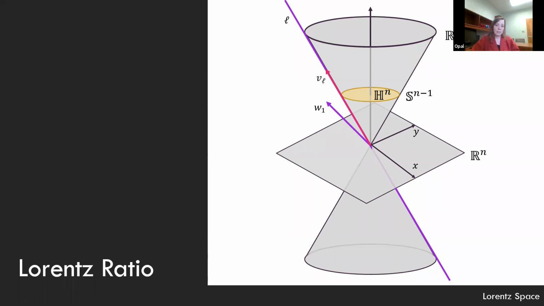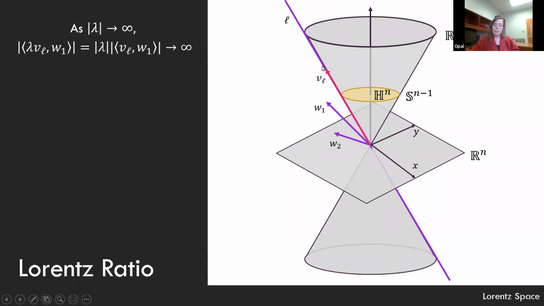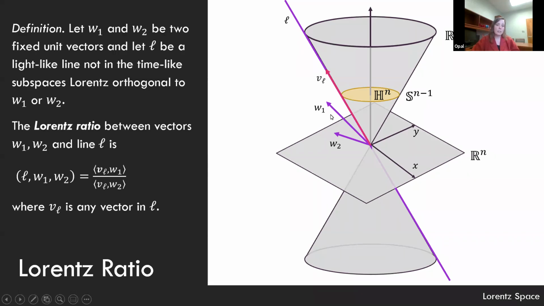As you go farther out on this line, you're changing the Lorentz inner product. And so the workaround for this is to look at the Lorentz inner product for a chosen vector on that light-like line, and 2 space-like unit vectors instead.